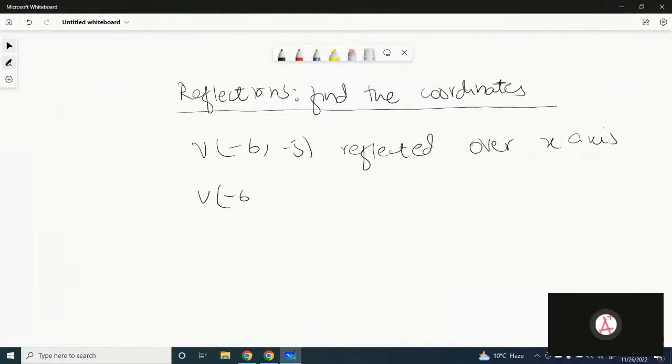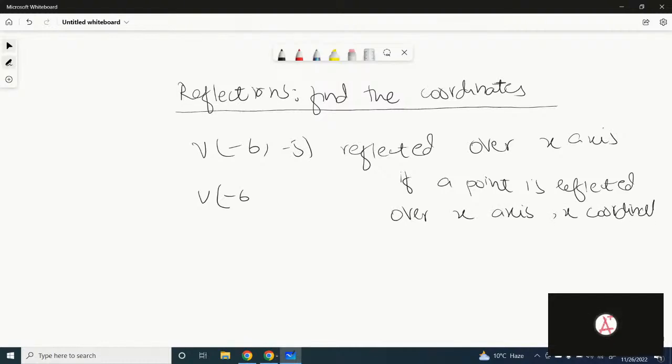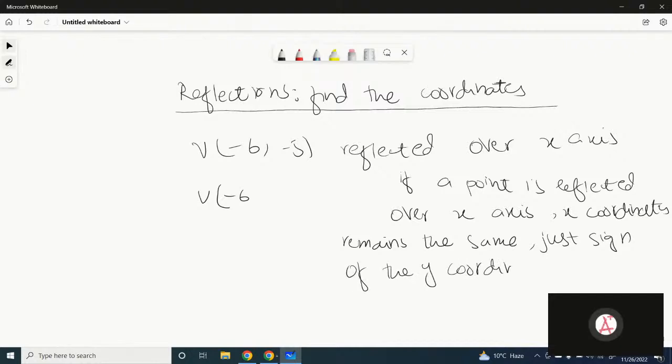You can note down this very important point: if a point is reflected over the x-axis, the x coordinate remains the same, and the sign of the y coordinate is changed.